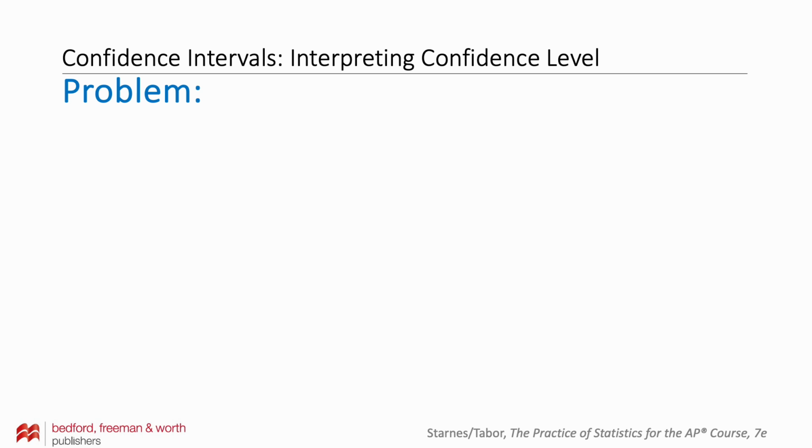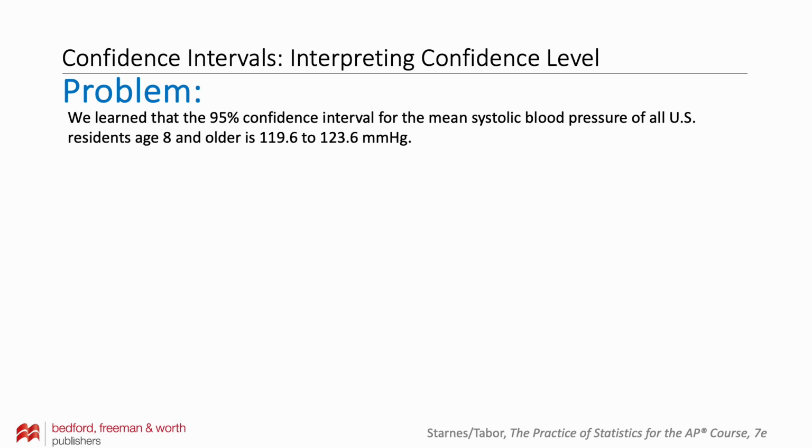Let's practice with interpreting confidence level from a given scenario. We learned that the 95% confidence interval for the mean systolic blood pressure of all U.S. residents age 8 and older is 119.6 to 123 millimeters of mercury. Remember that repeated sampling could yield different results.